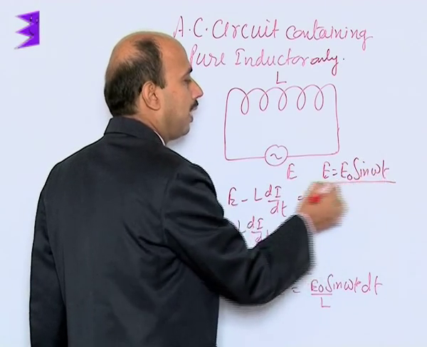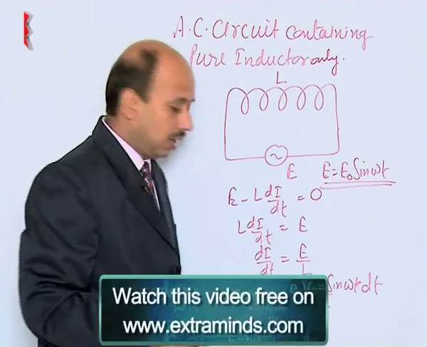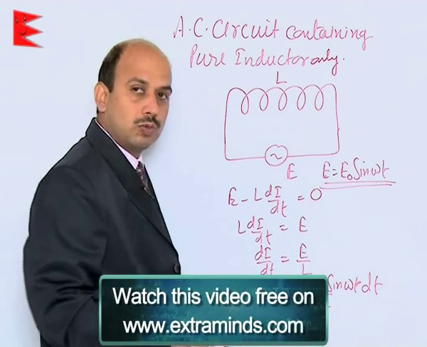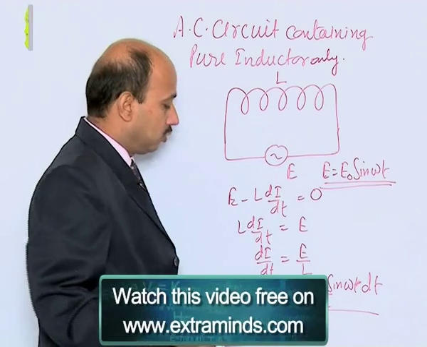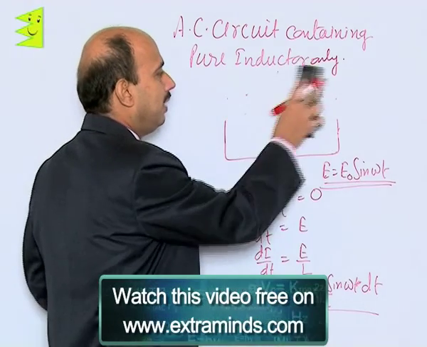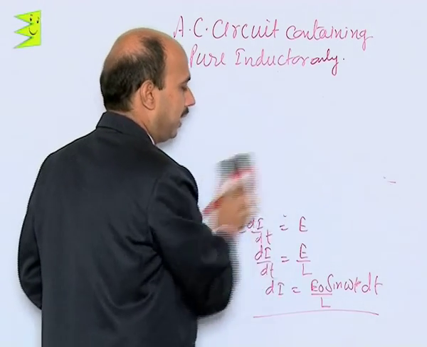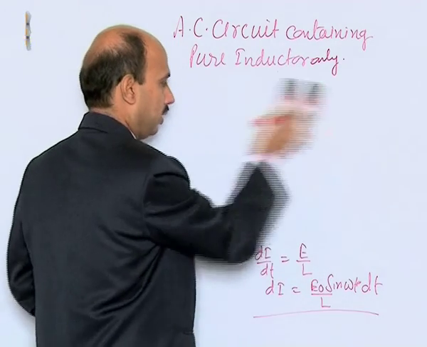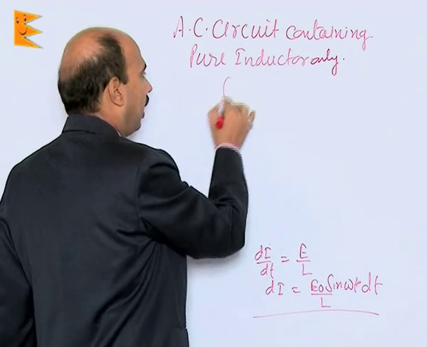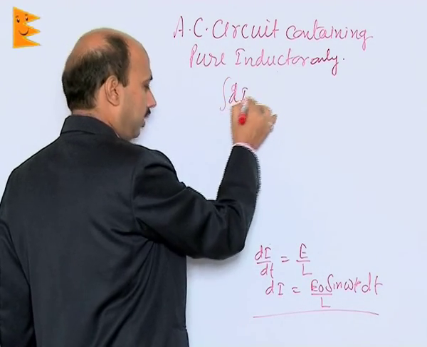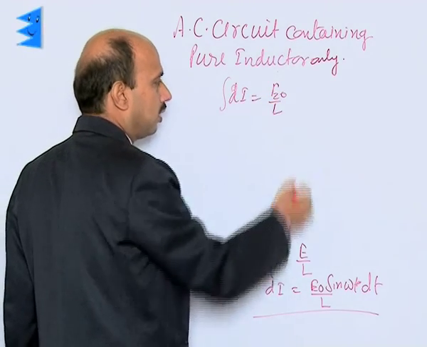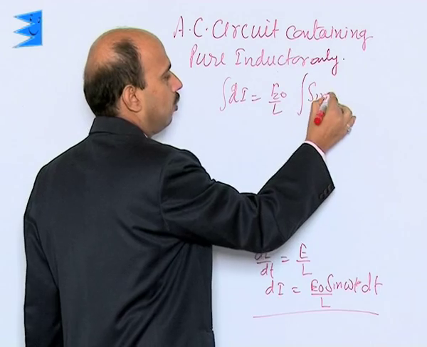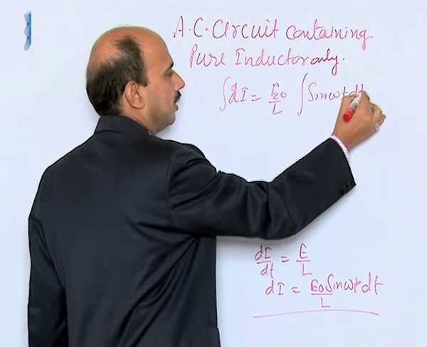The current is not given, so we have to calculate it using this relation. Now we integrate it. When we integrate this equation, we get the integral of di is equal to E naught upon L, which is constant, times sin omega t dt.